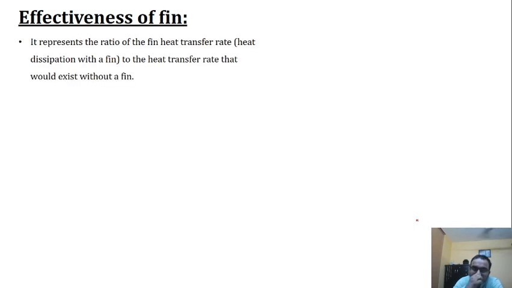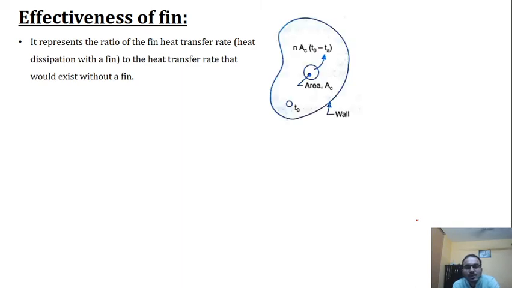Now the next theory is effectiveness of fin. It represents the ratio of fin heat transfer rate to the heat transfer rate that would exist without a fin. So this is the effectiveness of the fin, the comparison of how effectively the fin is working. This is the normal case in which fin is not present.